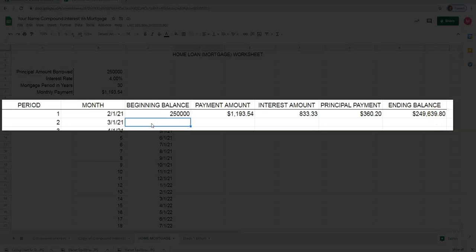And the last step for this video is that we want the beginning balance for the next period, period 2. Equal sign, click on the ending balance of the previous period. So the beginning balance of the new period is the ending balance of the previous period.